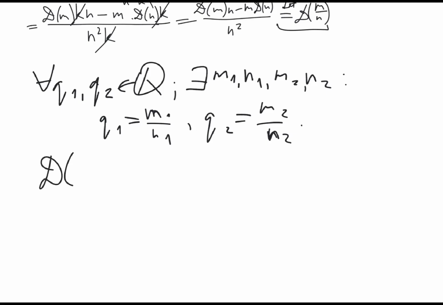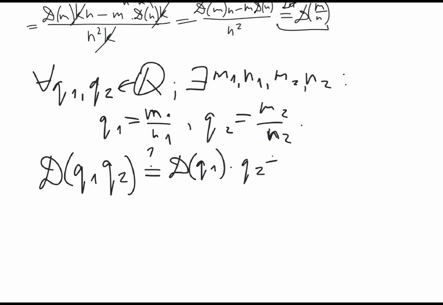d of q1 q2 is equal, I put the question mark, we need to prove this, to d of q1 multiplied by q2 plus q1 multiplied by d of q2.